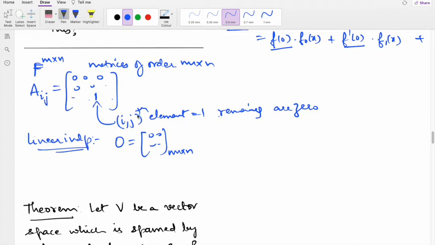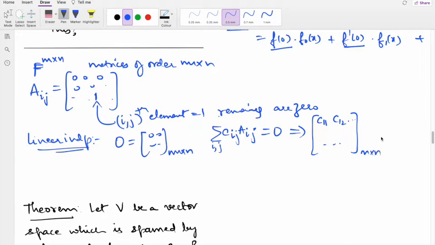Now, if I choose the summation of c_ij A_ij, i and j going from 1 to m, 1 to n, to be equal to 0, this means that I have a matrix which looks like c11, c12, and so on, again m cross n, which should be equal to all zeros.